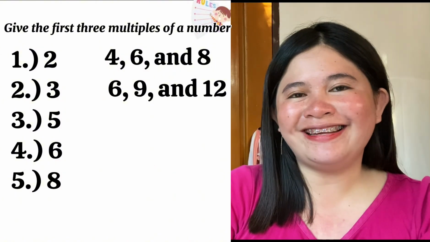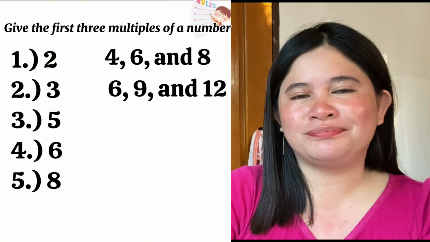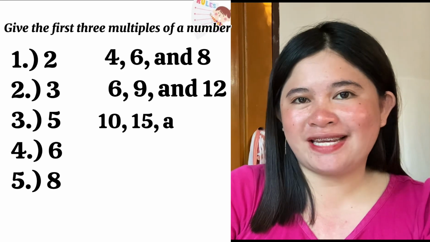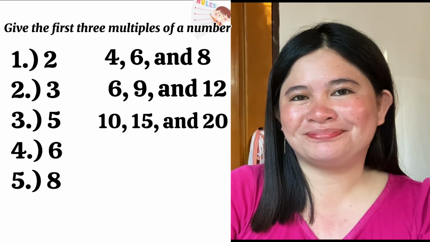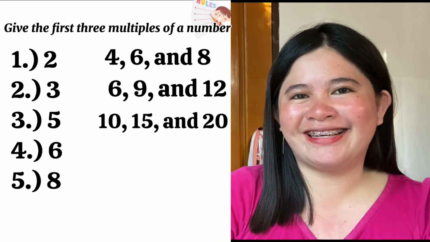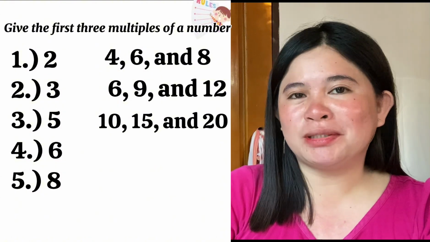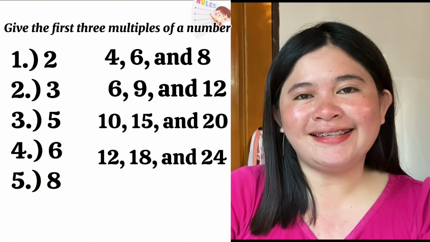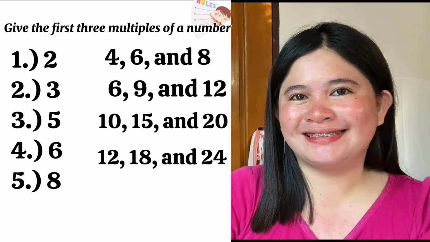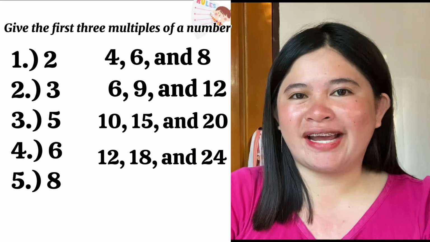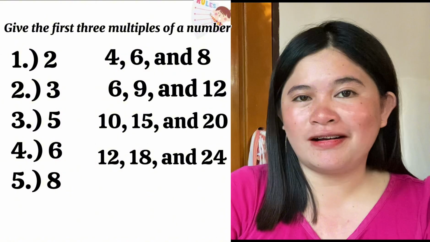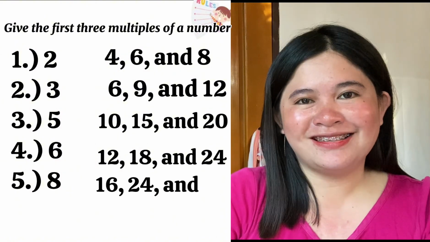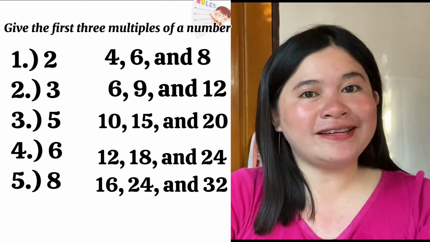For number 3, the multiples of 5 are 10, 15, 20. Very good. For number 4, the multiples of 6 are 12, 18, 24. Good job. For number 5, the multiples of 8 are 16, 24, 32.